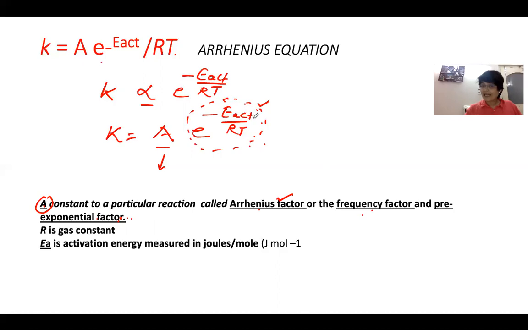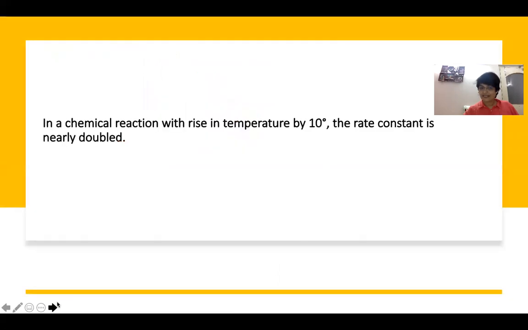Now, what is this Ea? It is the activation energy, which is expressed in joules per mole. In the next slide, I'll explain what activation energy exactly is. Before that, one piece of information you should have: with every 10-degree increase in temperature, the rate constant becomes double.